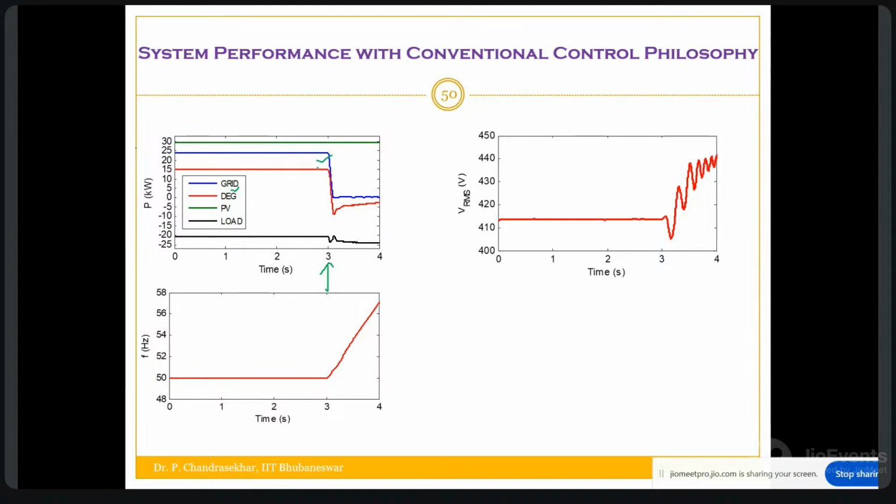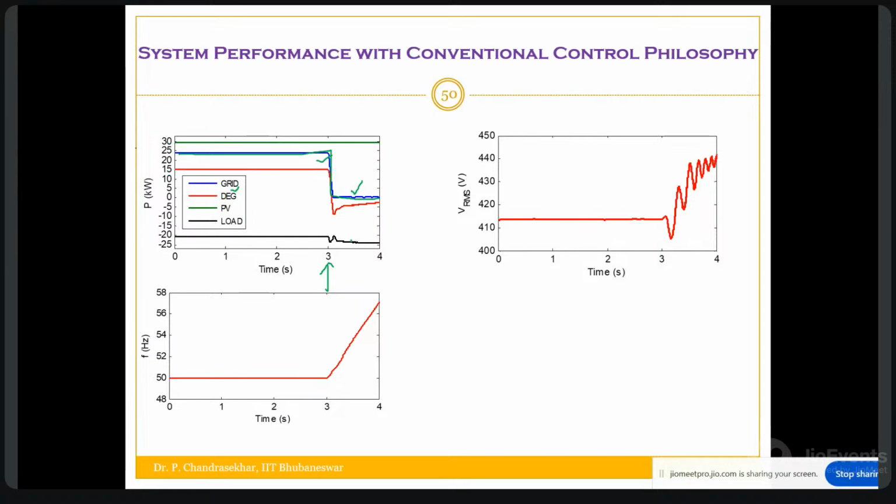It cannot, because as you can see here, the blue one, the grid power became zero. However, there is an excess generation prevailing within the microgrid.